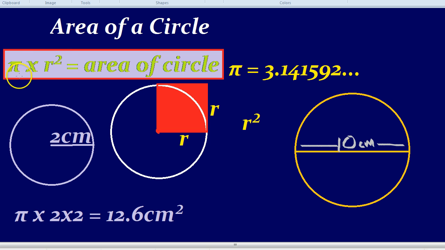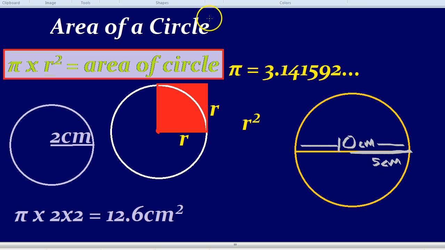Well, the formula is pi times the radius squared. And the radius is actually half the diameter. So I can't do pi times the diameter squared or pi times 10 squared. I have to do pi times the radius squared. Now the radius of this circle, halfway across, so from the center to the edge, is 5 centimeters.